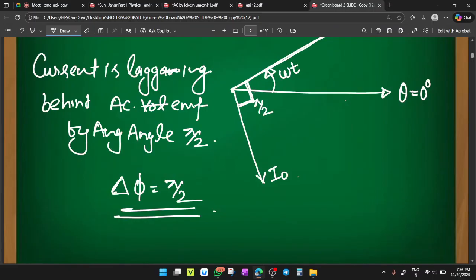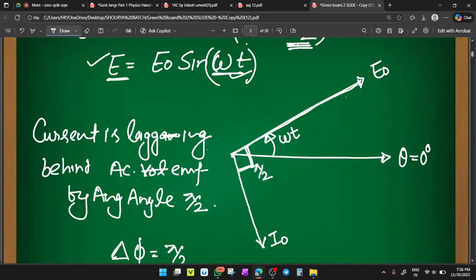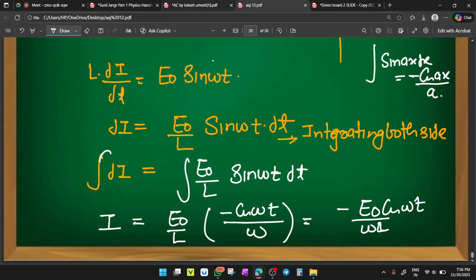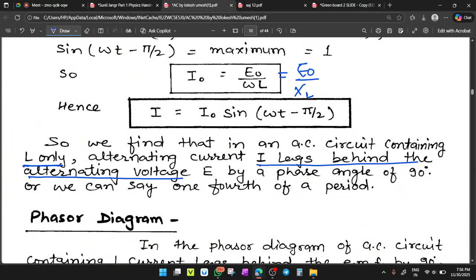So the current is lagging behind the applied AC voltage by a phase angle of 90 degrees. Out of 360 degrees, it lags behind by 90 degrees, so it is called 1/4 of a period.